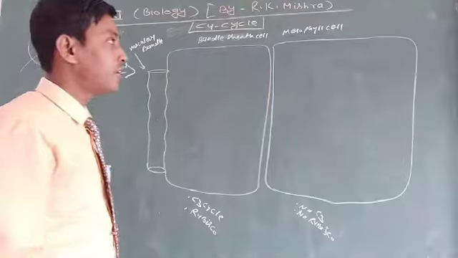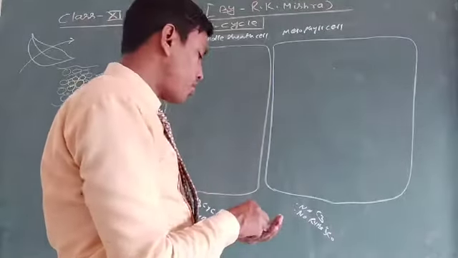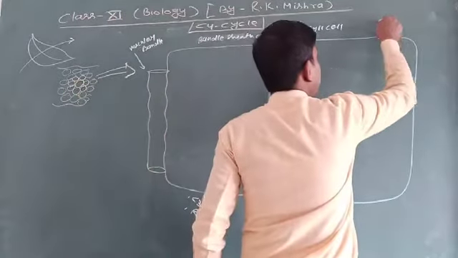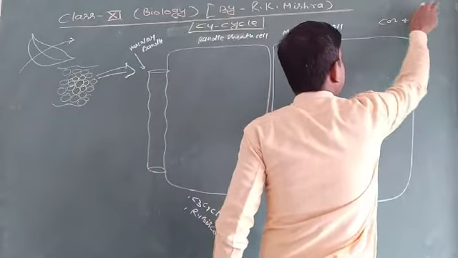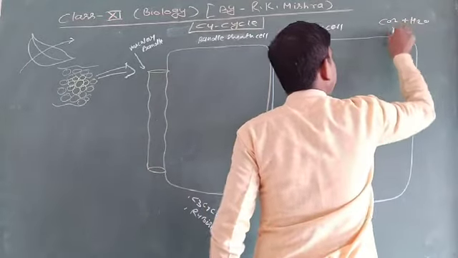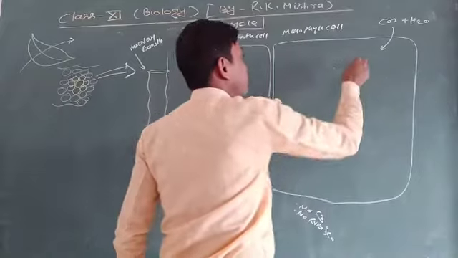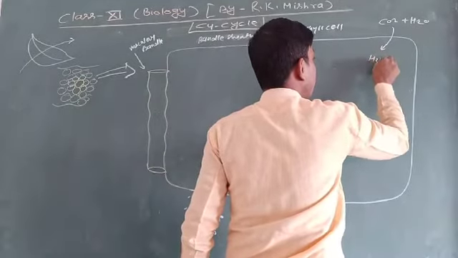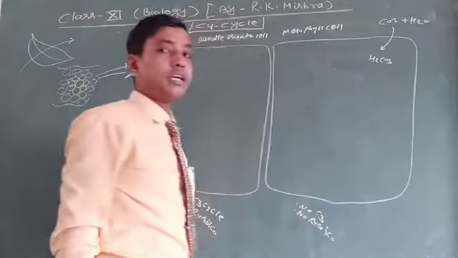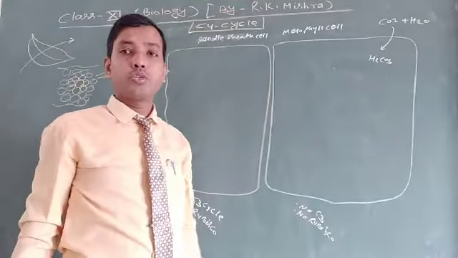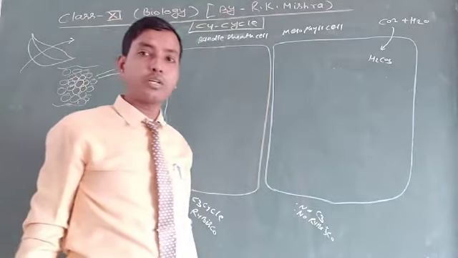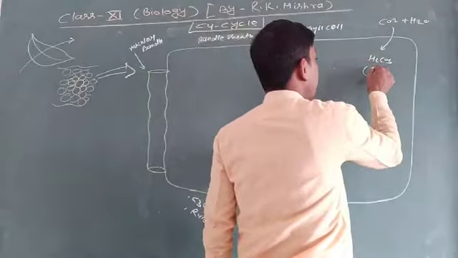Listen carefully. So what happens towards this region? Carbon dioxide plus water fuse inside the mesophyll cell to form H2CO3. This is a kind of acid that is known as carbonic acid.